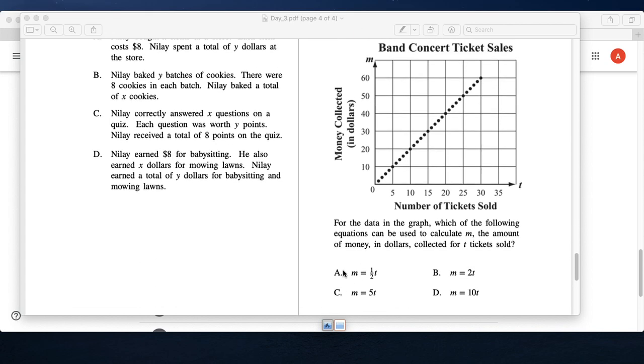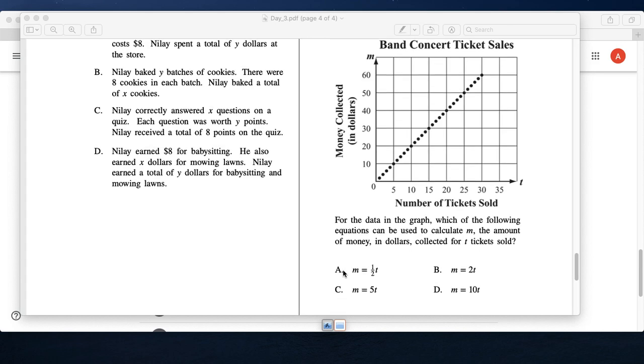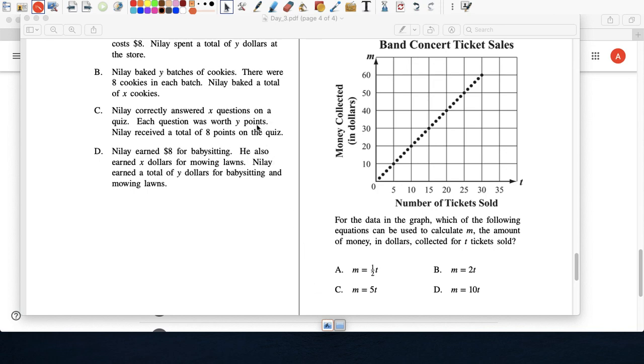19. For our data, which of the following equations can be used to calculate M, the amount of money in dollars collected for tickets sold? Remember, this is your y and this is your x. We want the equation. This is a proportional relationship, so y equals k times x. We need to find k.